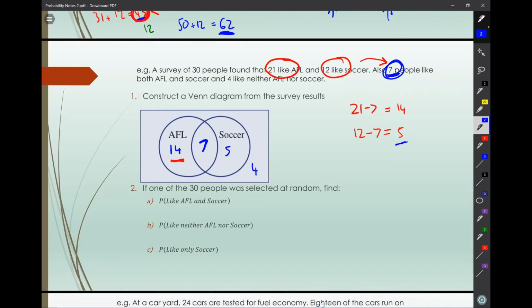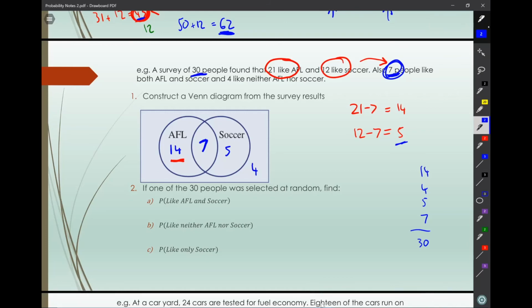And now what we can do to check is just quickly add up all these numbers. So that's 18, 23, 30, and they equal 30. So we've accounted for every person that took the survey, 30 people.